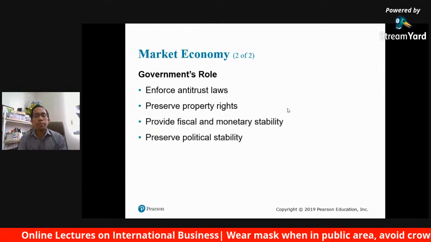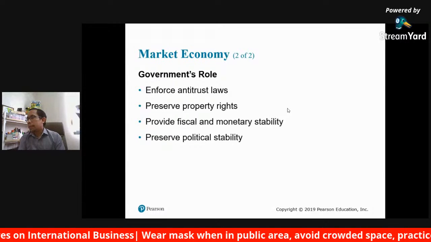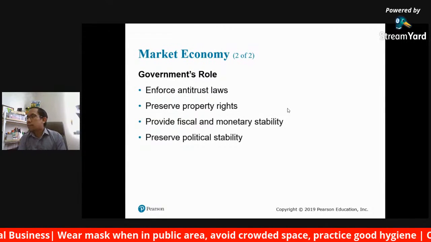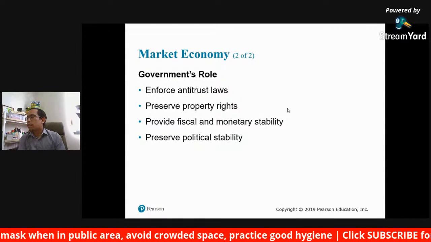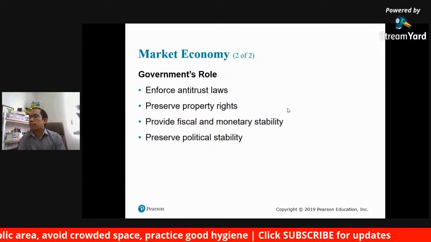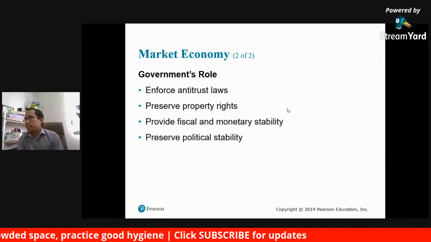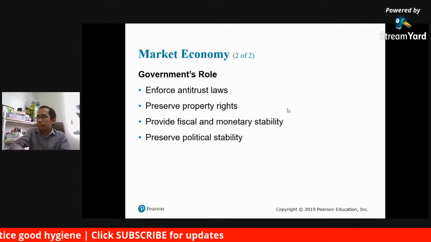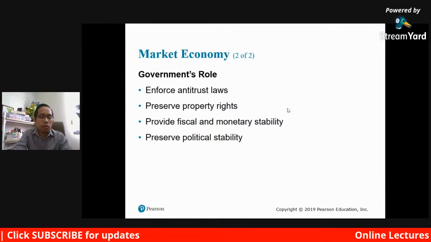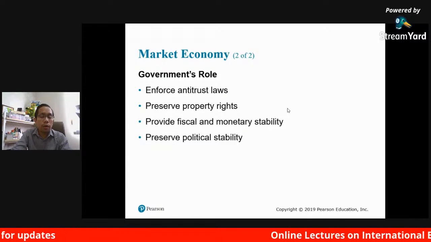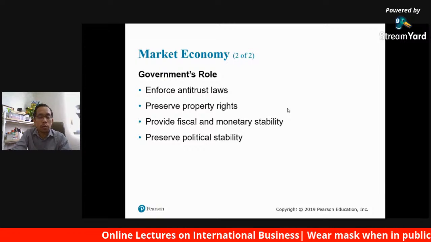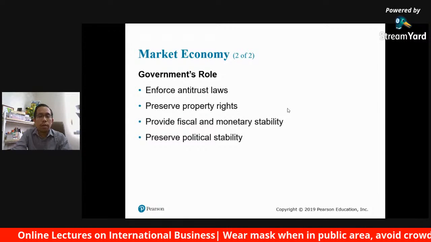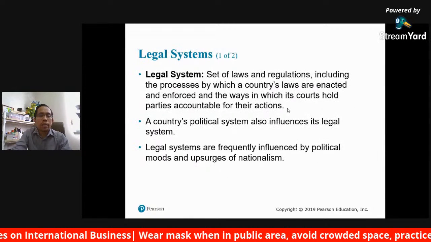And last, preserve political stability. This type of economy depends on a stable government for most of its operation and indeed for its future existence. That's why most businesses look for political stability in a country before they enter the market.